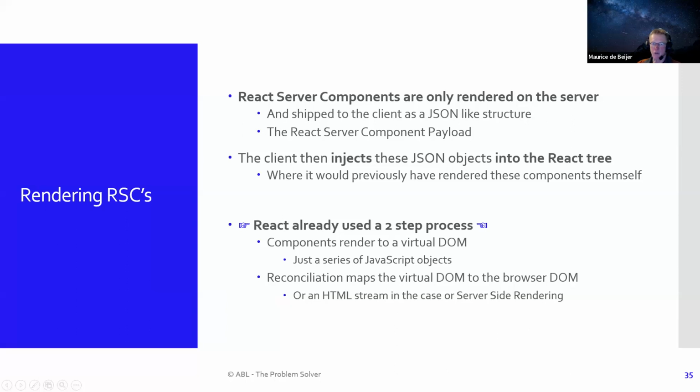With React Server Components, that still happens on the browser. So if you're doing pure React Server Components without server-side rendering, which is not what Next.js does, but assume for a moment you're doing that, you will not get any UI in the browser if JavaScript is disabled. You really still need React in the browser. Even if all your components are server components, you will ship a JSON object to the browser, and in the browser, that will still be diffed against the DOM and then applied.